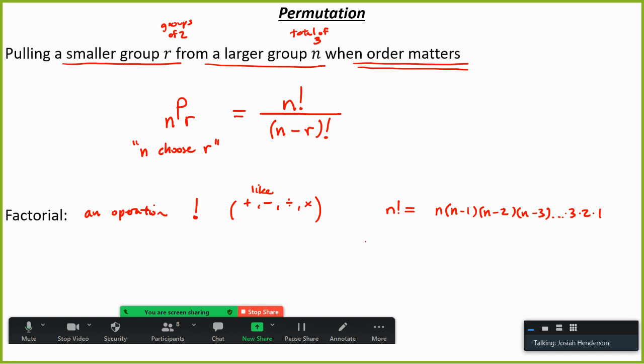So here's an example of a factorial. If we needed to do 10 factorial, this would be defined as 10 times 9 times 8 times 7, all the way down to 1.